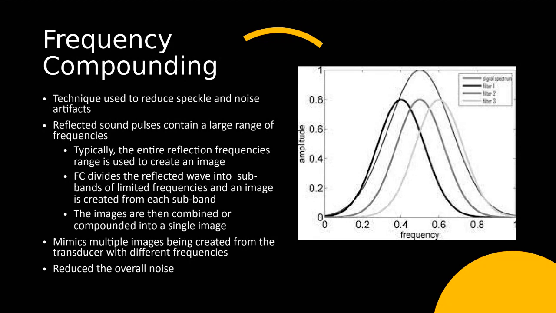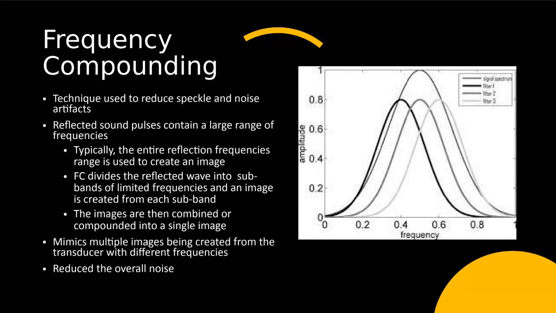So we use those variations in that reflected information, and we kind of create an image from each of those. So it's almost like the system is taking averages of the ranges of frequencies that are being reflected back to us, and it's using each of those sub-bands, as they're known, to combine to create a larger image. So again, this is not something that you're doing in the clinical sense.